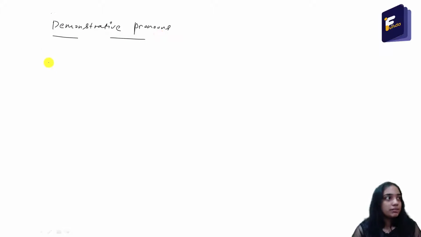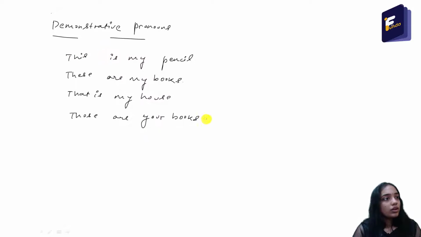So let us take some examples. In these sentences, you can see that the words this, these, that, those are pointing out towards a noun. In the first case, it is pointing out towards the noun pencil.